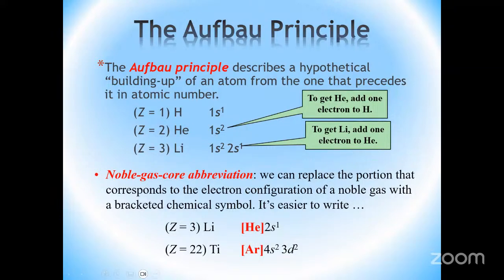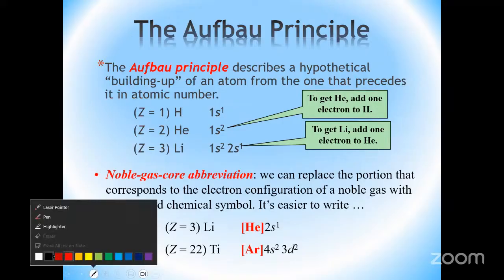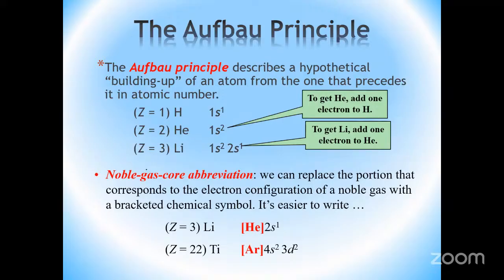If I were to write down the electronic configuration of titanium, it would be the full configuration: 1s2, 2s2, 2p6, 3s2, 3p6, and then, I'm sorry, this should be 4s.